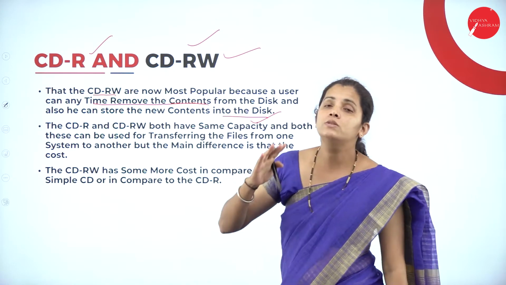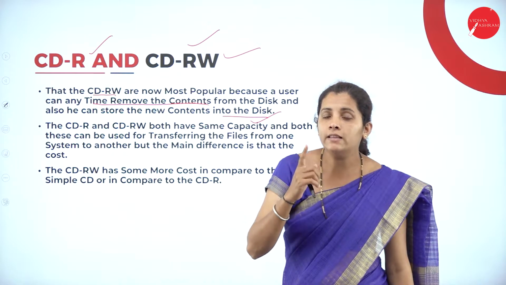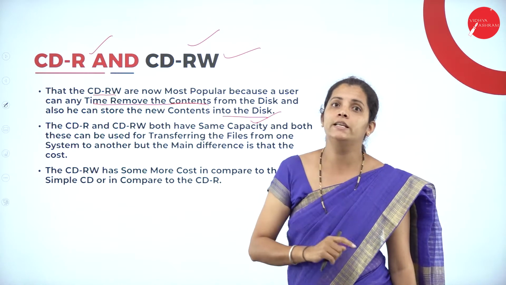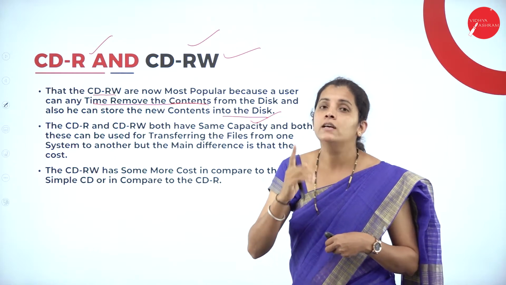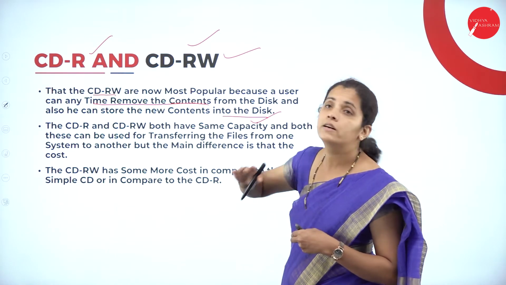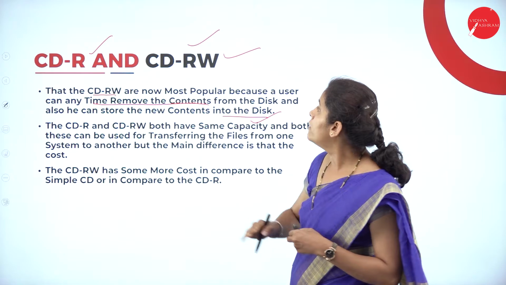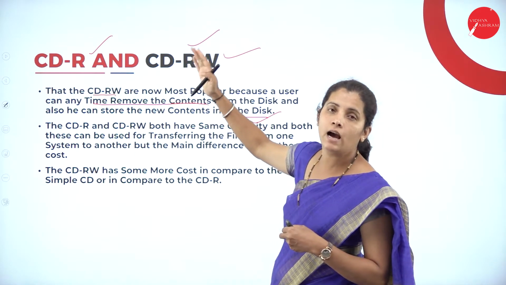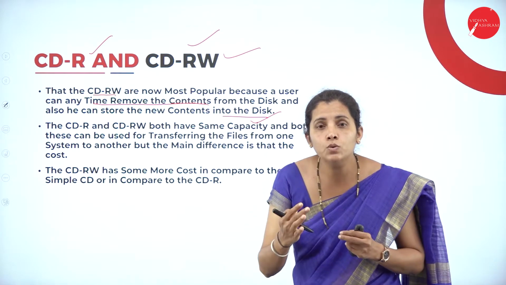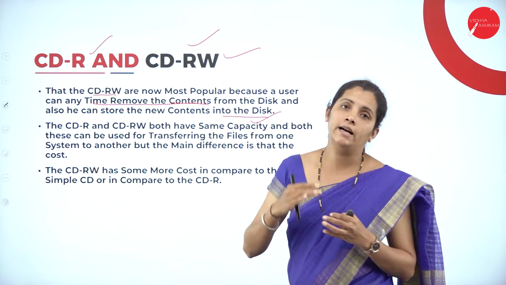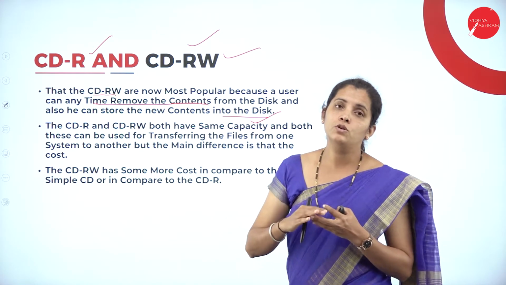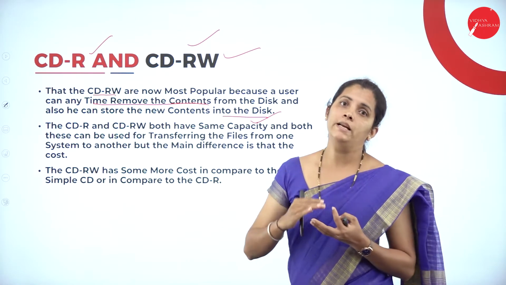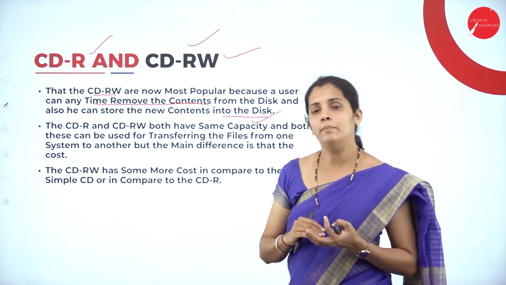That means the user can write the content to the CD only once. So it indicates write once and read many times. Whereas in CD-RW, it allows the user to rewrite the content again and again.